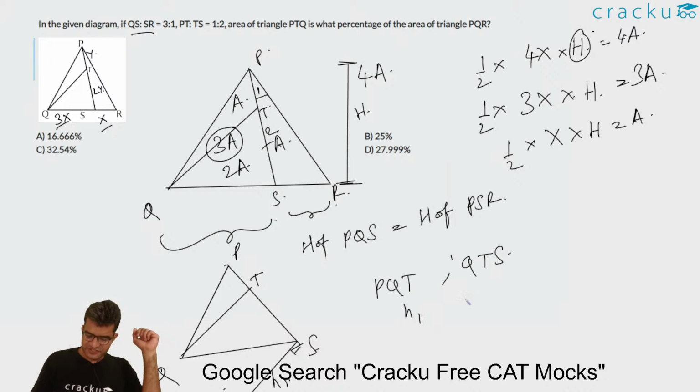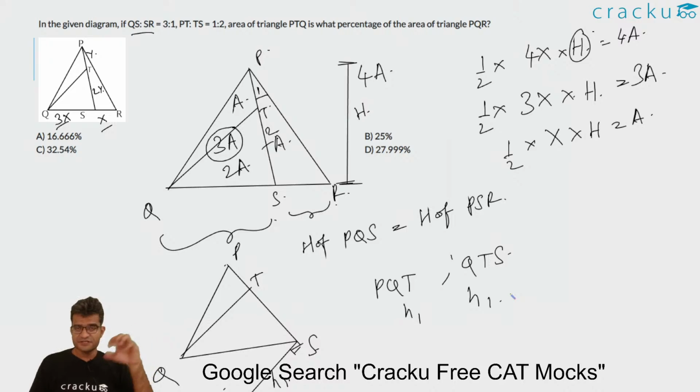For both of them it is h1. So the ratio of the areas will be the ratio of their bases, which is 1:2.